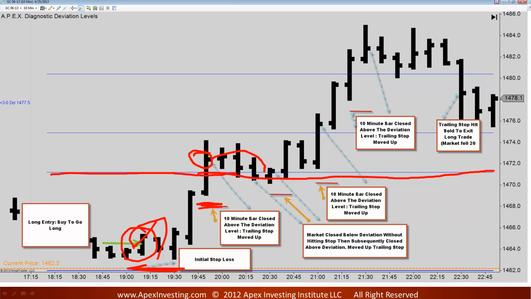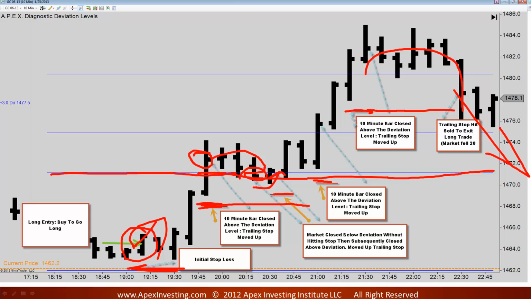And then a bar subsequently closes below the 10-minute deviation level, and then it moves back above the 10-minute deviation level without hitting my stop loss. So I'm going to trail my stop again. Now it closes above a 10-minute deviation level again, I'm going to trail my stop again. Then it closes above a 10-minute deviation level again, and I'm going to trail my stop again. Then it comes around and it hits my stop loss right there.